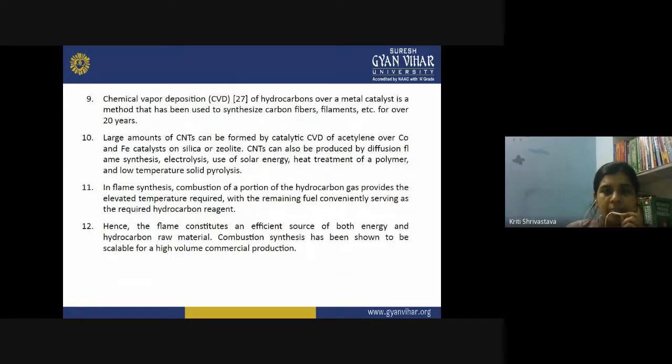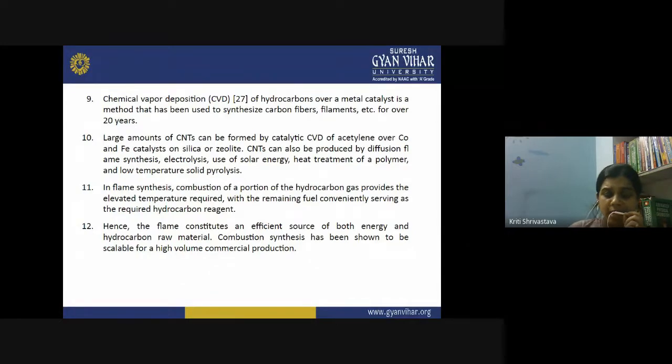And then another technique was developed, that is chemical vapor deposition, CVD. In this technique, hydrocarbons are used for the production of nanotubes. A metal catalyst is used, and successfully this technique can be used to synthesize carbon fibers and carbon filaments.